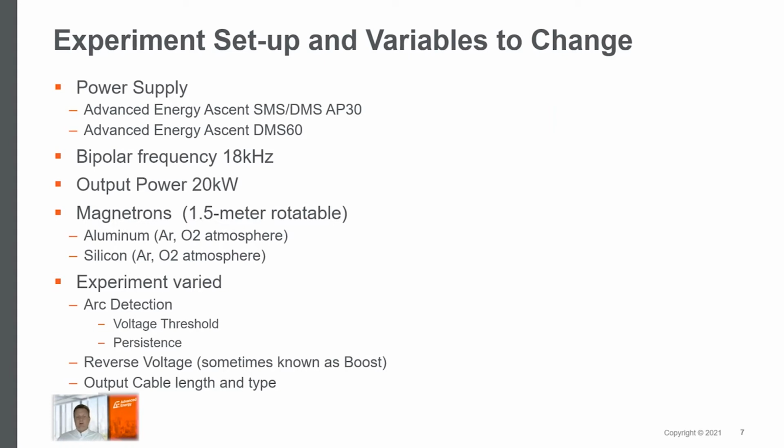Typically, we're running in the poison mode. The experiment varied a number of parameters. We started with the arc detection features. We chose to do the voltage threshold. There are others you could vary as well, and persistence. We also modified the reverse voltage, which is sometimes known as a boost, and the output cable types and lengths.